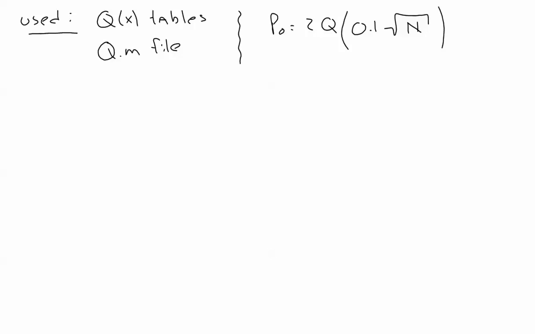What I found was if n equals 10, P0 was about 75.2%. What that means is if I just look at 10 gear pins coming off the line, about 75% of the time the mean sample length L bar is going to be greater than or less than the true mean of 10 millimeters by about 0.1 standard deviations.